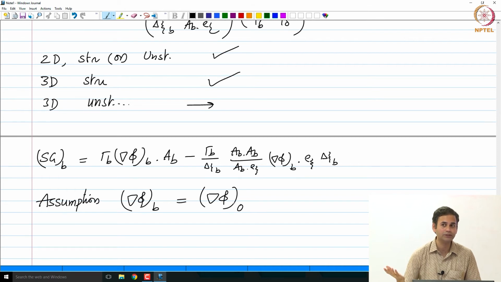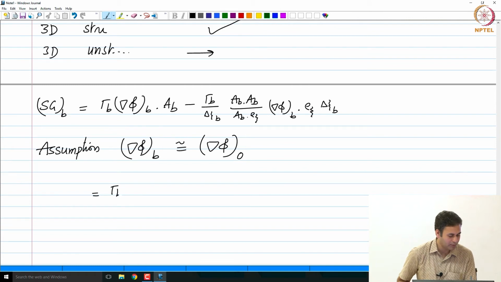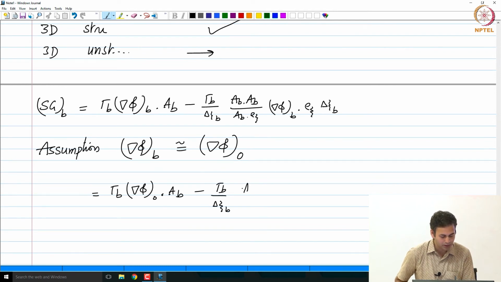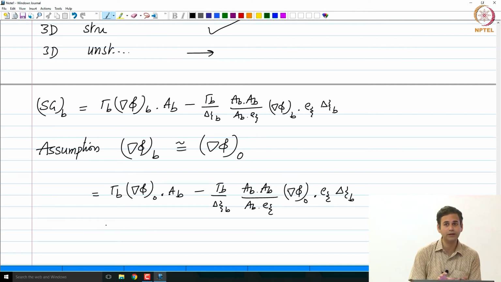I do not have a C 1 cell, because that is a boundary face. So, with this approximation, I can rewrite this as Gamma B grad phi 0 dot A B minus Gamma B by delta xi B, A B dot A B upon A B dot E xi, grad phi 0 dot E xi delta xi B. Grad phi 0 is already calculated, somehow through some gradient calculation method.